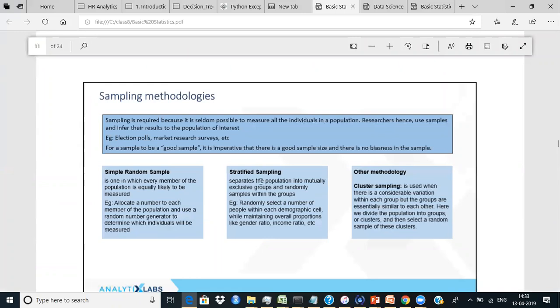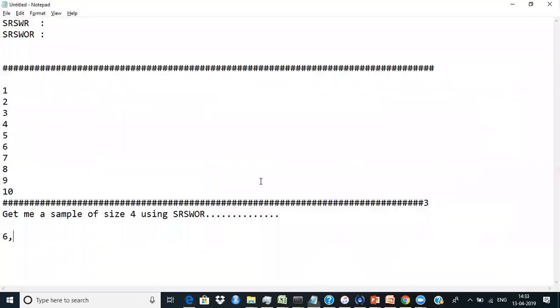Okay. Now, the next type of sampling is known as stratified sampling. What is stratified sampling? Stratified sampling is where you split the population on the basis of some variable before you start sampling. So what do I mean by that? Let's say out of these 10 balls, some of the balls are red colored, some of the balls are black colored.